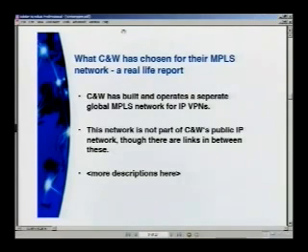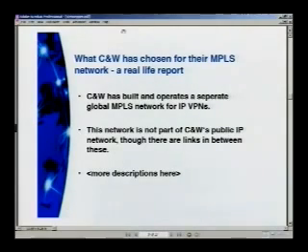Just to make sure, once again, CW operates two different networks. The one is AS1273, the public IP network, which is, you know, internet. And on that network, we don't operate MPLS VPNs.